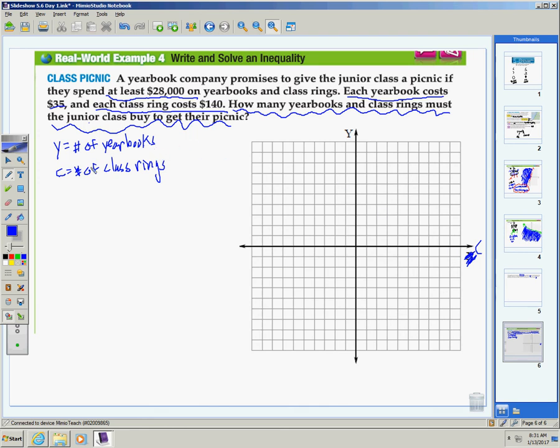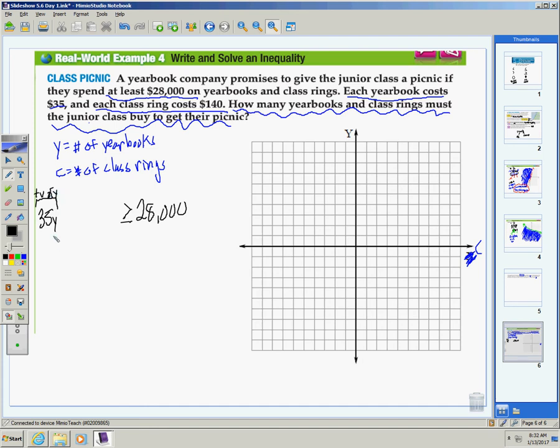Well, I know that they have to make at least $28,000. So my amount has to be greater than or equal to $28,000. And each yearbook costs $35. So if I take 35 times the number of yearbooks, this will give me the total value of my yearbooks.